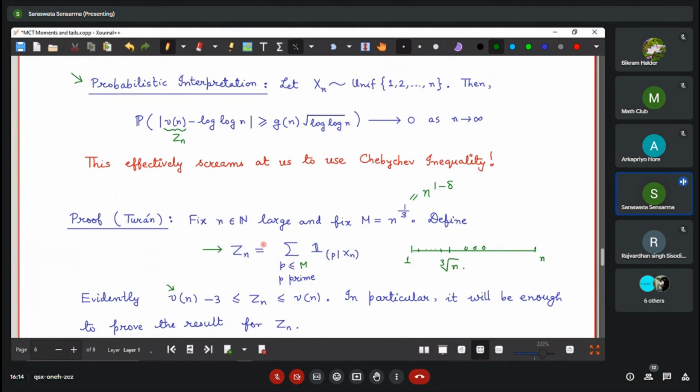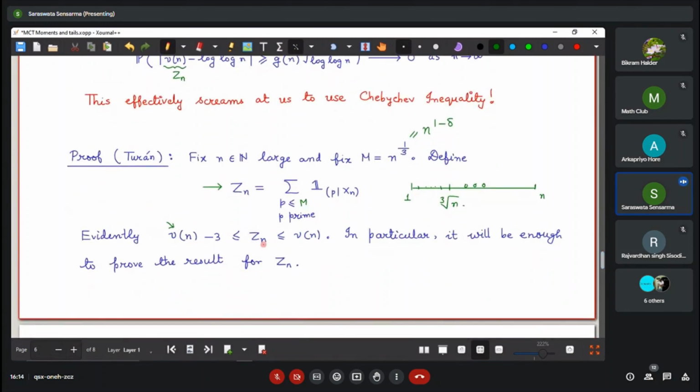It was there before, but this showed its usefulness, because a small change in an idea in one theory is not the same as a small change in an idea in another theory, even if the theories are equivalent. I may be getting a bit too philosophical. Let it be. But this was the turning point, and after this proof by Turan, gradually people started picking up the idea of probabilistic proofs in number theory.